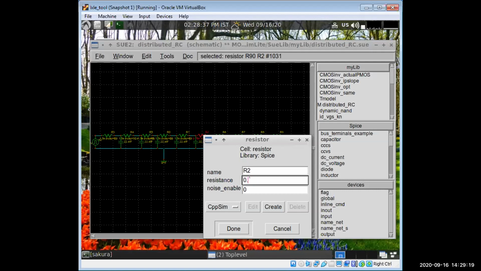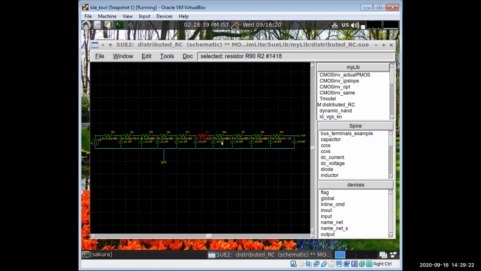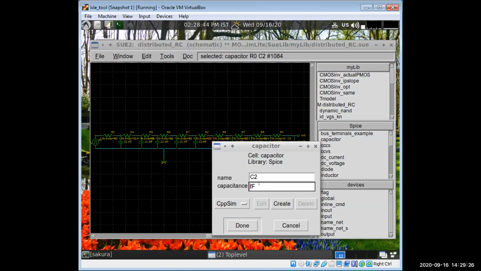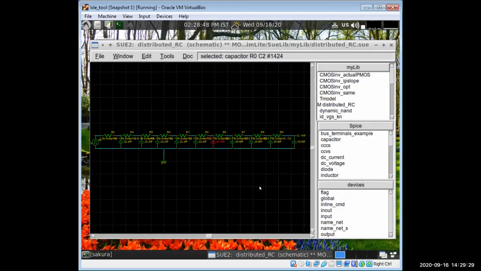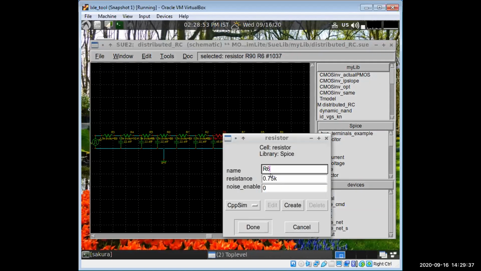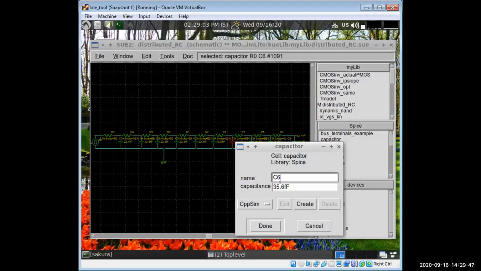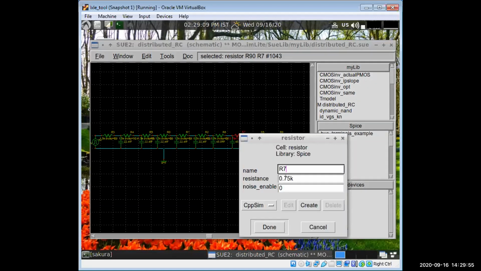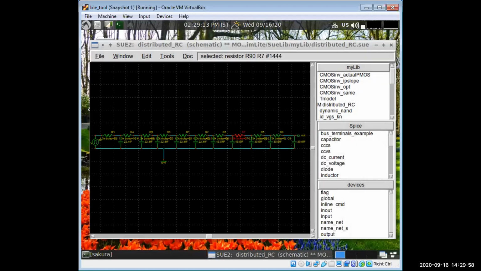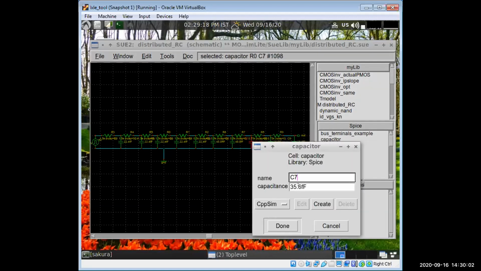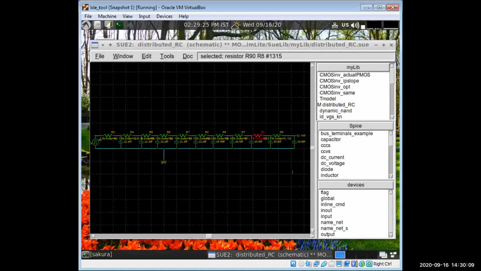It was 0.5K. While I'm changing the values, you can draw this schematic, and then we will run it simultaneously.